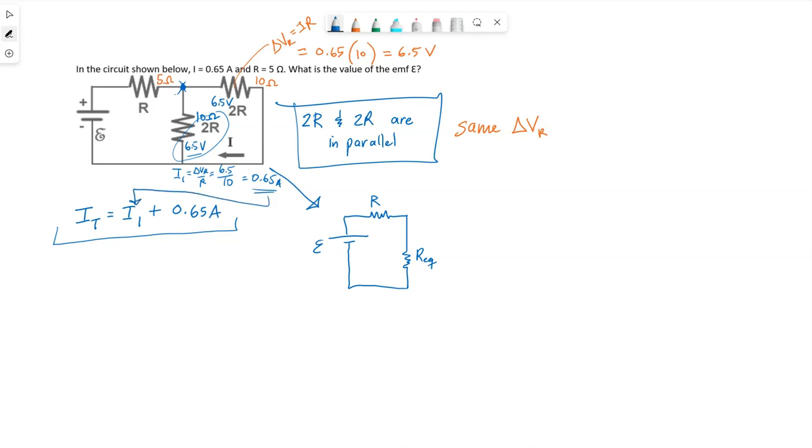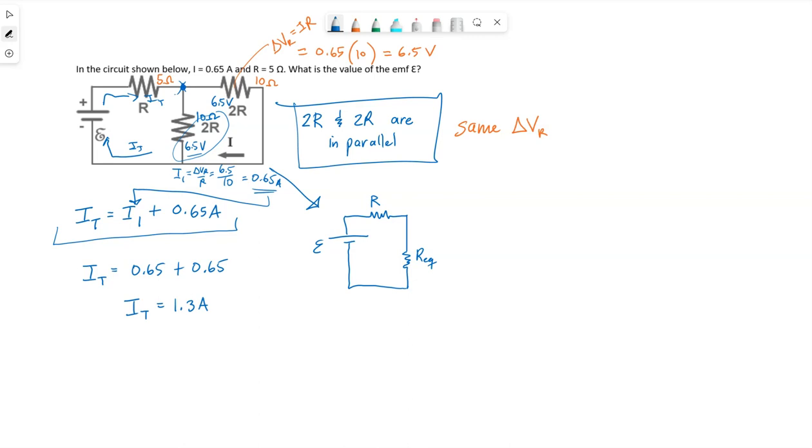So the total current, representing the current that comes out of the battery and back into the battery, is just 0.65 plus 0.65. So the total current that is flowing is 1.3 amps.